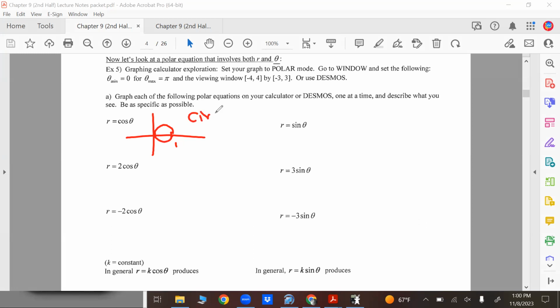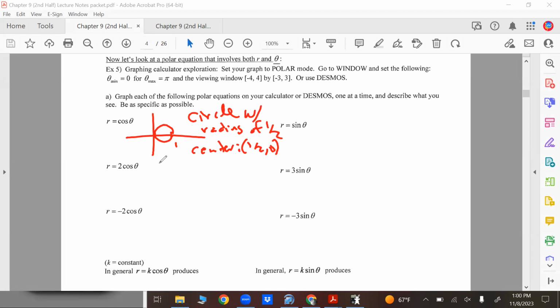So you get a circle, right? With diameter. Or with radius. I like to say radius. Radius of half. Center was (half, 0).